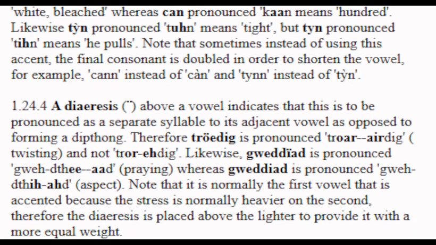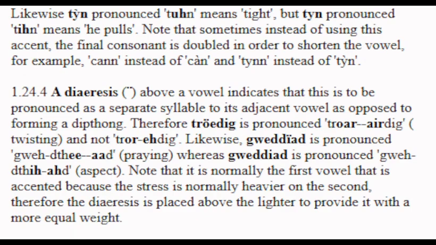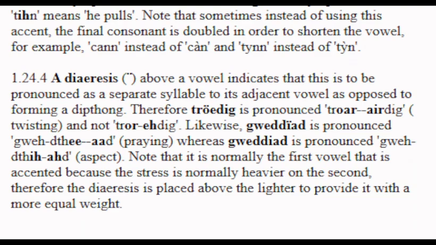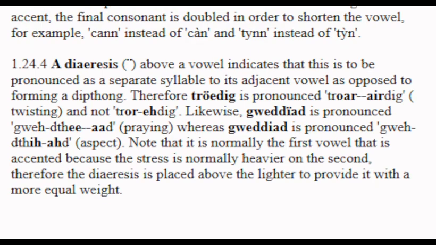A diaresis above a vowel indicates that this is to be pronounced as a separate syllable to its adjacent vowel, as opposed to forming a diphthong. Therefore, troedig is pronounced troedig, twisting, and not triedig.